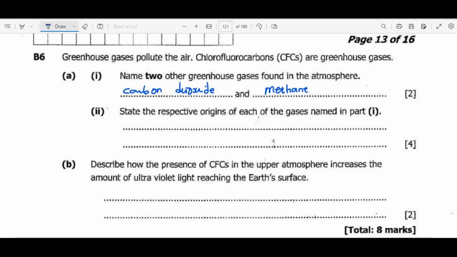Then state the respective origins of each of the gases named. So for carbon dioxide, from complete combustion of hydrocarbons.